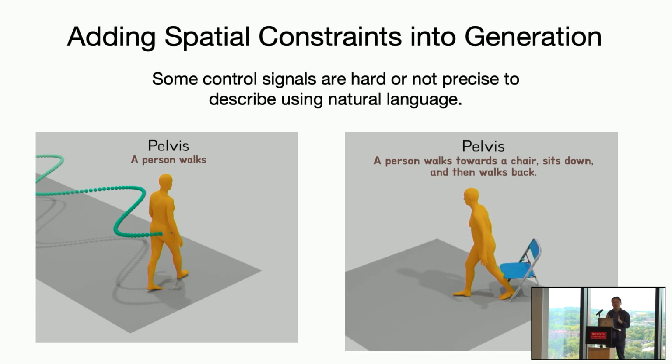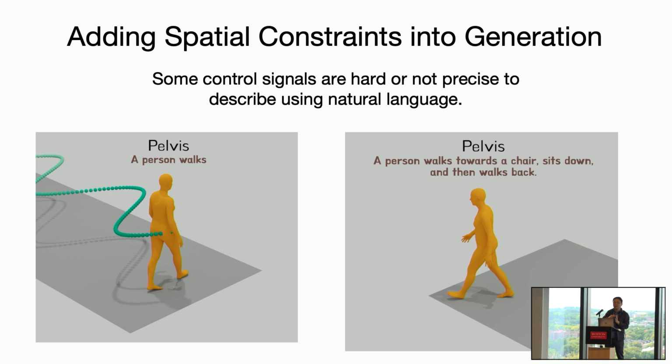So for all of these constraints, of course, you can say, well, I can describe them in the textual prompt, because that's what the existing systems take. But the problem is this kind of spatial constraint may not be precise, or not even possible to describe precisely in language.